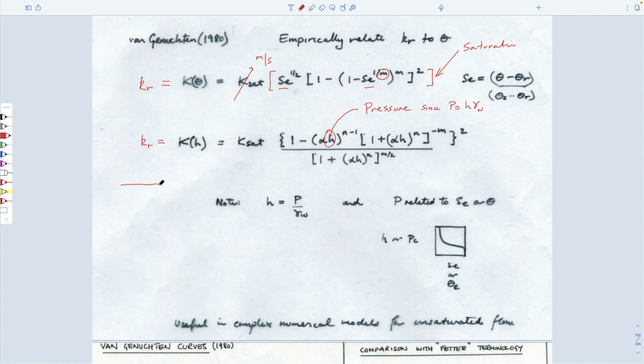And so if I draw this curve here, if I draw these two curves on top of each other, again, you've seen these curves too many times.